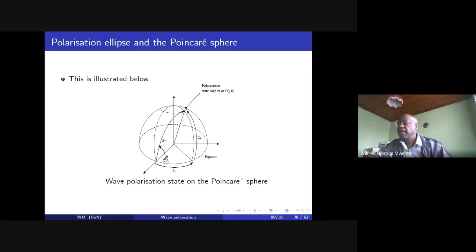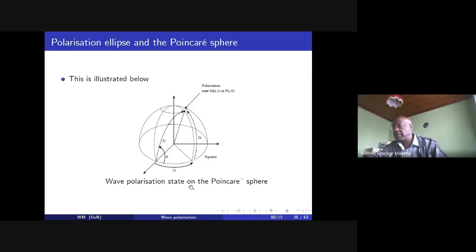The angle between the great circle and the equator is theta. Twice epsilon is that angle there, and the tilt angle is given as twice tau there. This is how the Poincare sphere looks.